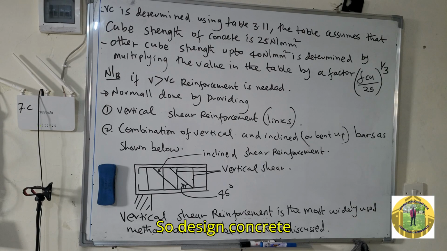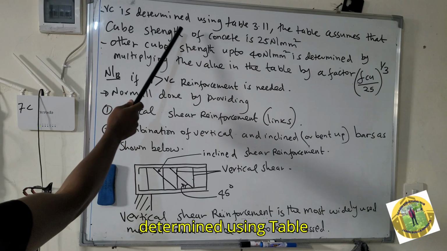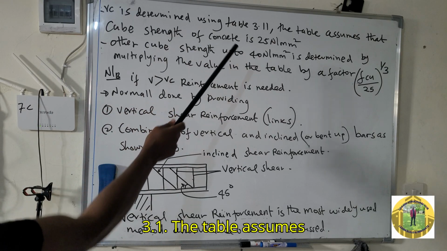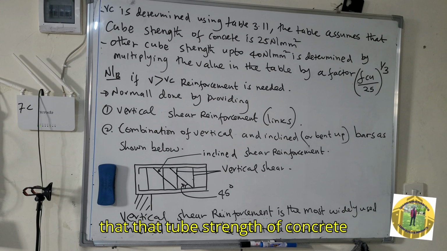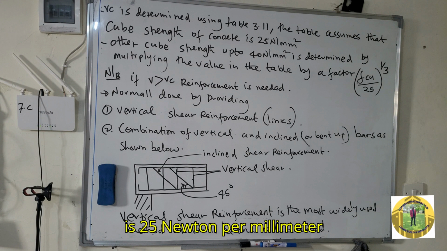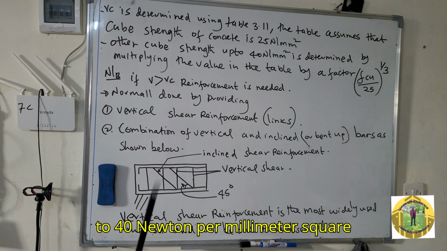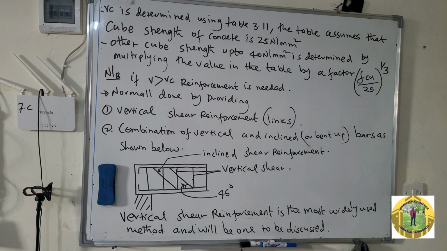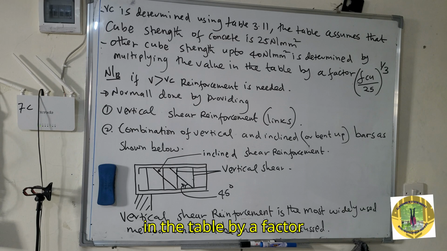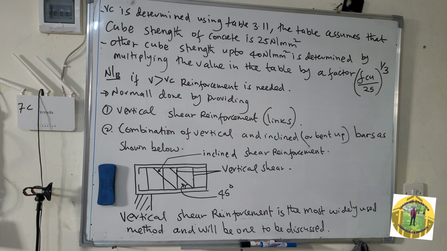The design concrete shear stress, which is vc, is determined using table 3.11. The table assumes that the cube strength of concrete is 25 Newton per millimeter square. For other cube strengths up to 40 Newton per millimeter square, it is determined by multiplying the value in the table by a factor of (fcu over 25) raised to the power of a third.